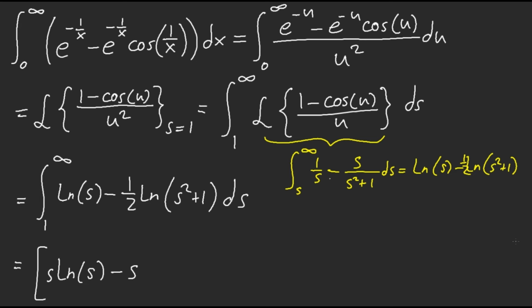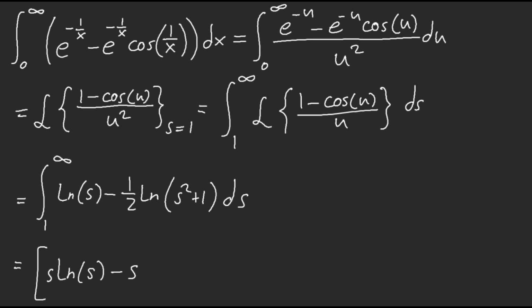Here, we're going to have to do integration by parts manually because we're not too familiar with that integral. I'm going to color this. Okay. I'm going to put the half aside, and we have ln of s squared plus 1.